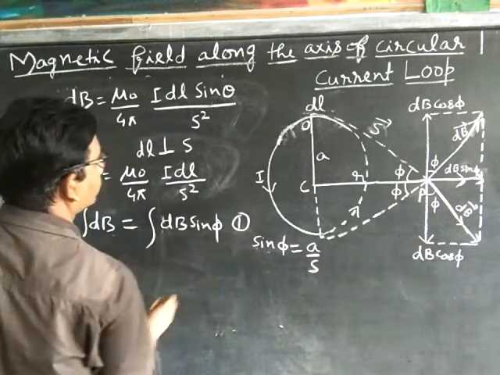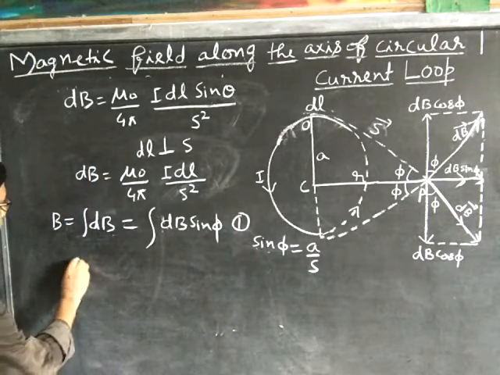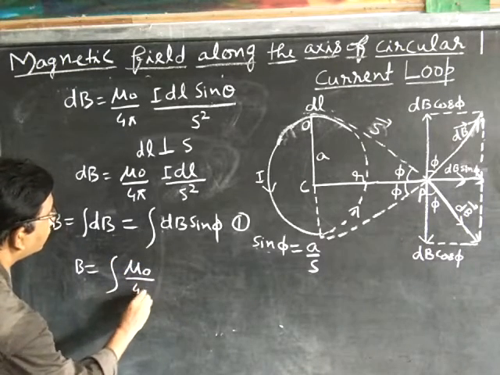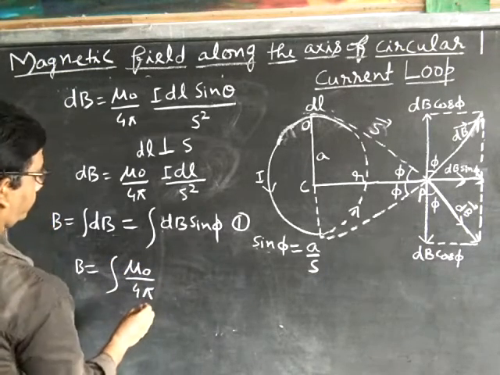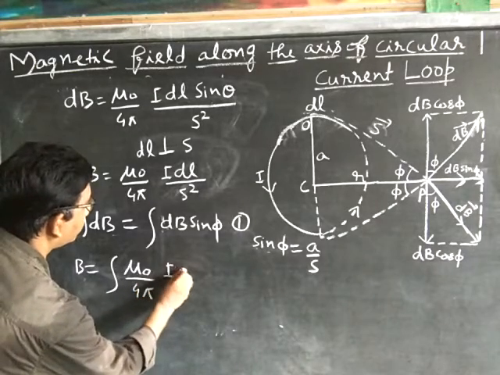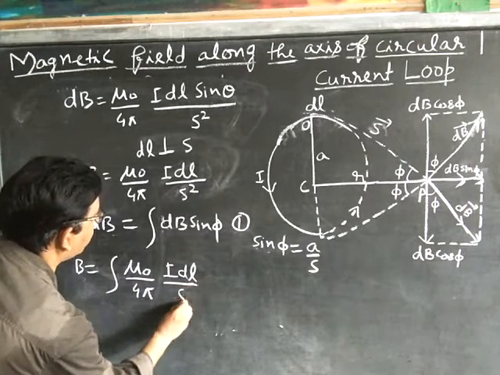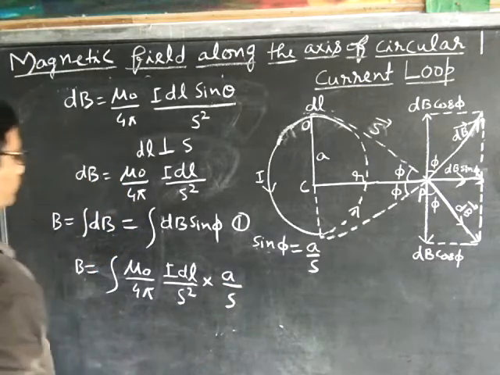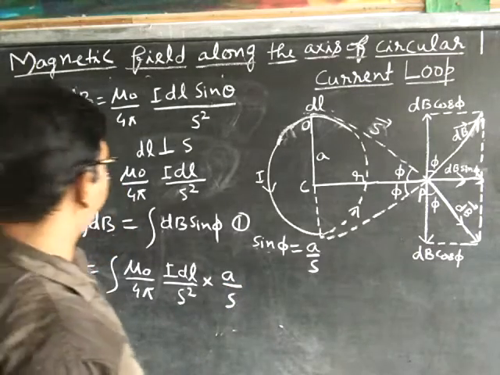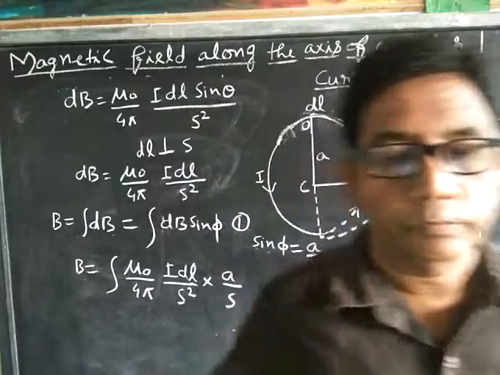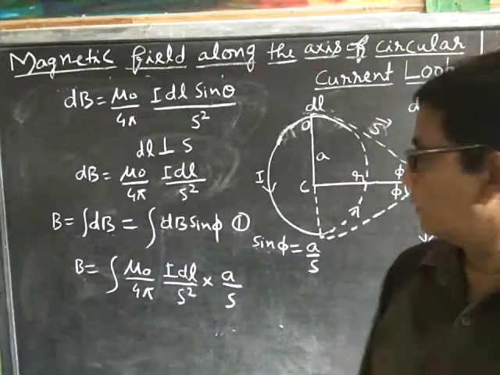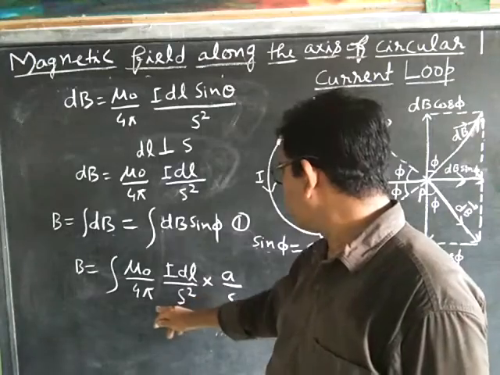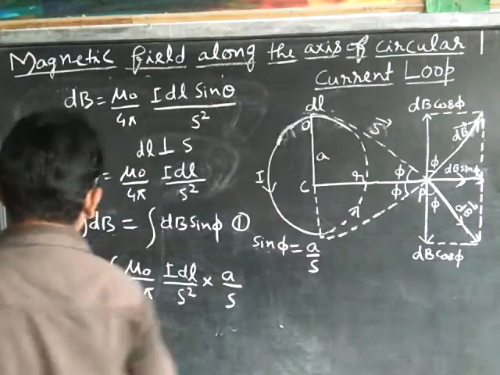Then B is equal to integral of mu 0 upon 4 pi I dl upon S square into A upon S. We take out mu 0 I A upon 4 pi S cube.